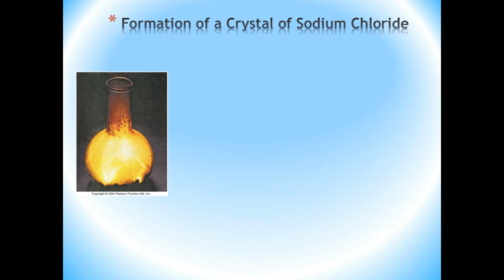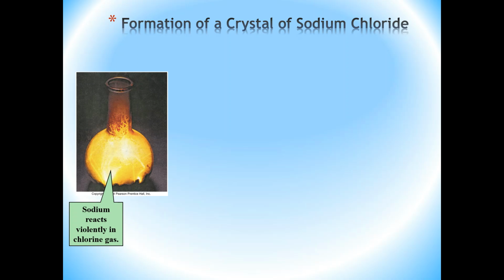Just to illustrate what happens in the formation of an ionic compound, we're going to use the example of sodium chloride. If you have a vessel such as the one that you see here, filled with chlorine, and you drop a small piece of sodium metal in it, then you're going to have a very exothermic reaction. A lot of heat and light will be generated, because the sodium will react with the chlorine to form sodium chloride.